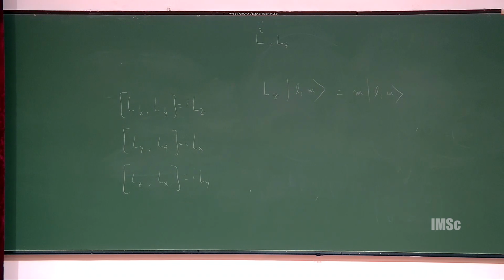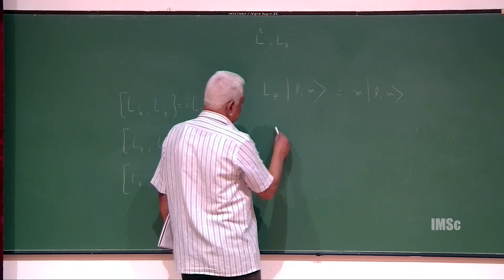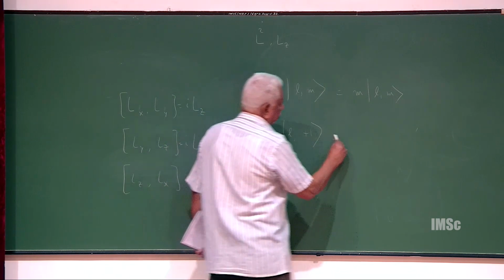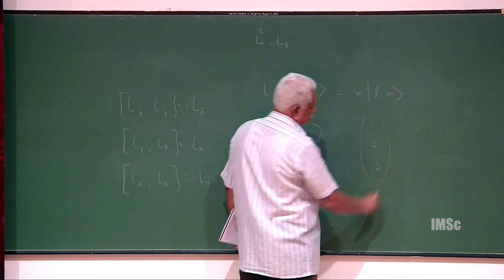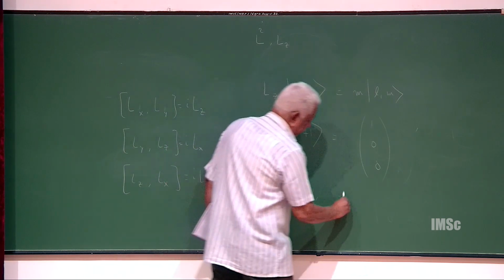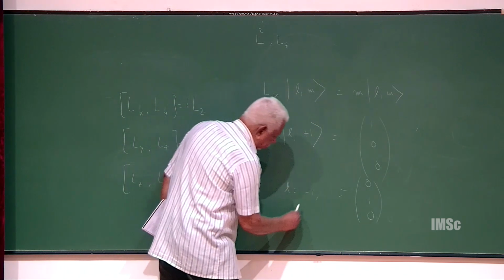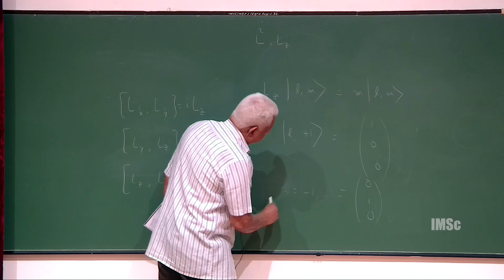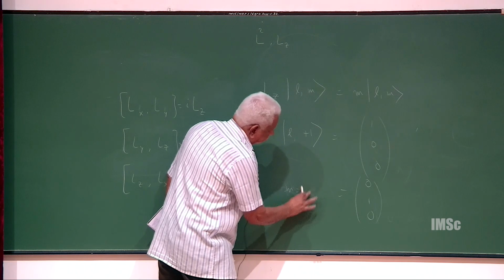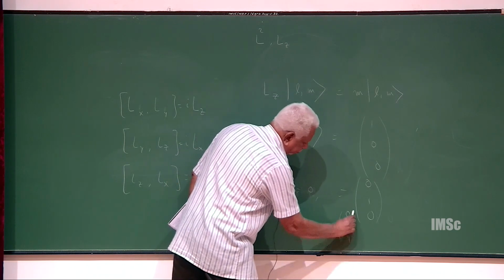So, like 1, 0, minus 1. For example, let me write for your benefit: L with M equal to plus 1 is actually this state, this vector. M equal to 0 is 0, 1, 0, that vector, and M equal to minus 1 is 0, 0, 1.